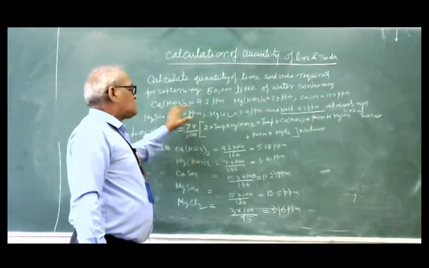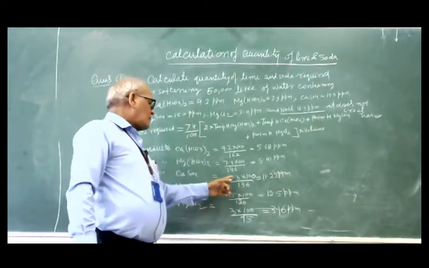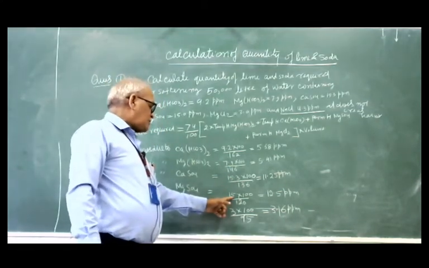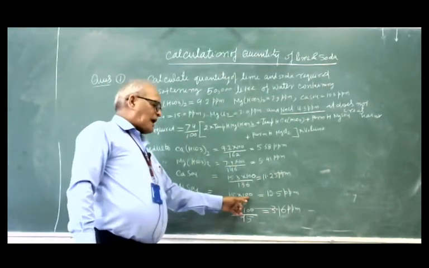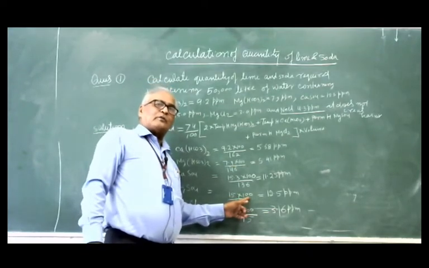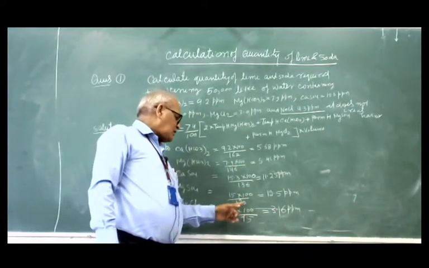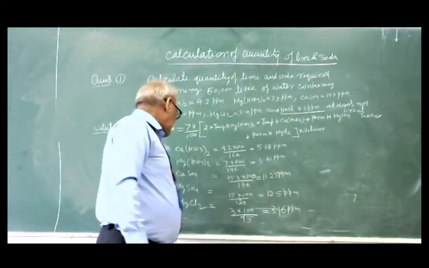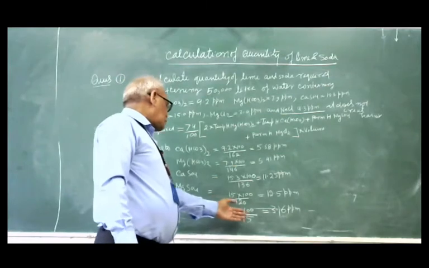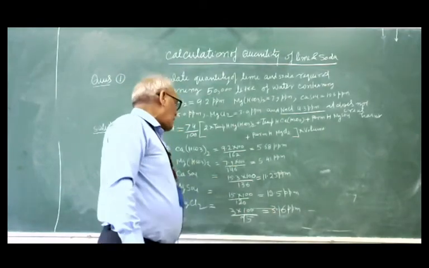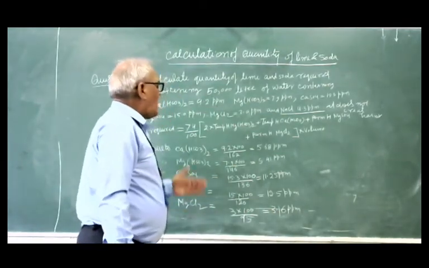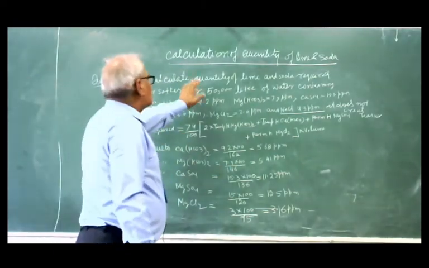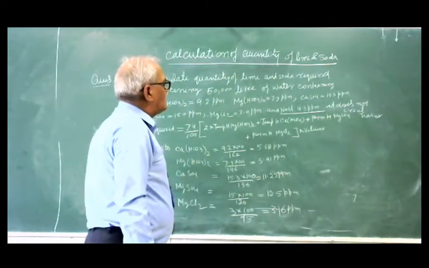This much amount is dissolved. So for magnesium sulfate, 15 multiplied by 100, the molecular weight of the calcium carbonate, divided by 120, you will get 12.5 ppm. And magnesium chloride 3 into 100 divided by 95 in this way. So first of all, one should calculate hardness due to all salts dissolved in water.